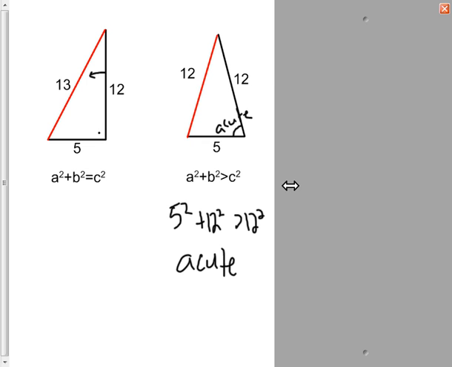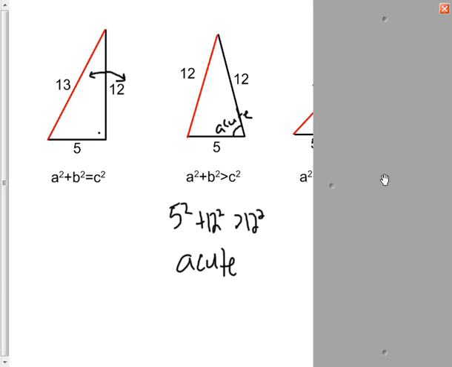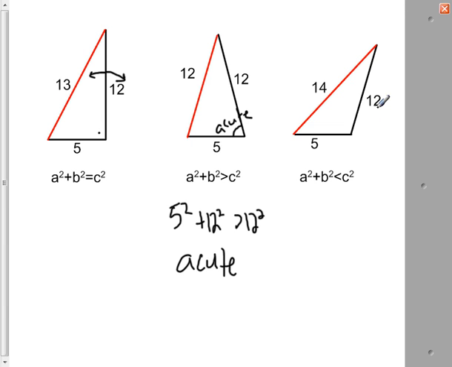Okay, and then you can probably guess, if we make this 13 bigger, it's going to swing this 12 out so that it can touch the end of that. So I made it 14, I believe. Yep. So if we go 5 squared plus 12 squared, is that smaller than 14 squared? Let's just double check and make sure that is right. So we get 25 plus 144.